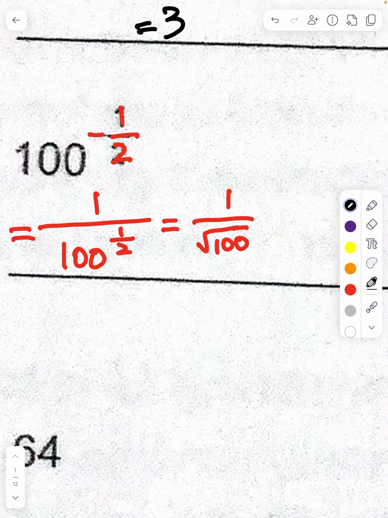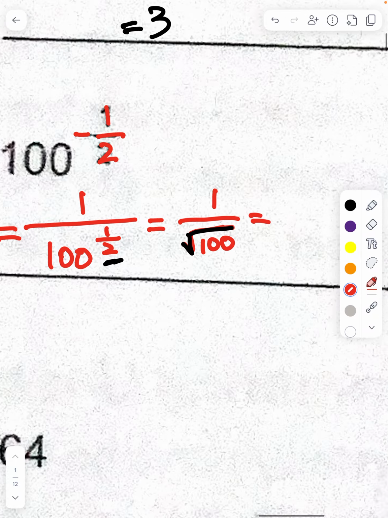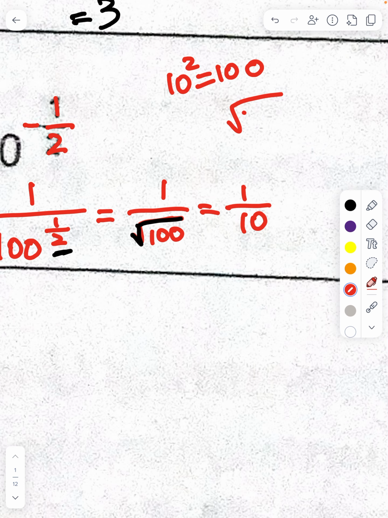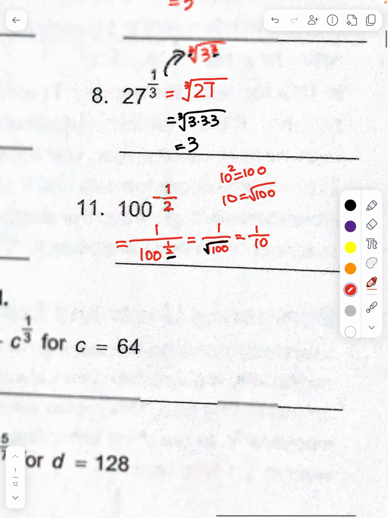We just change the power 1/2 to square root. Square root 100, that's just 10. So the final answer is 1/10, because 10 squared is 100, yeah? And then the opposite, so square root 100 equals 10. So this is number 11.